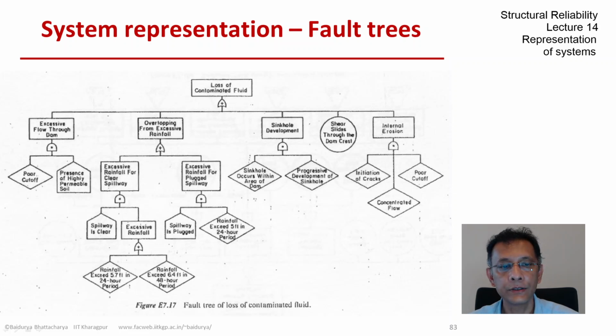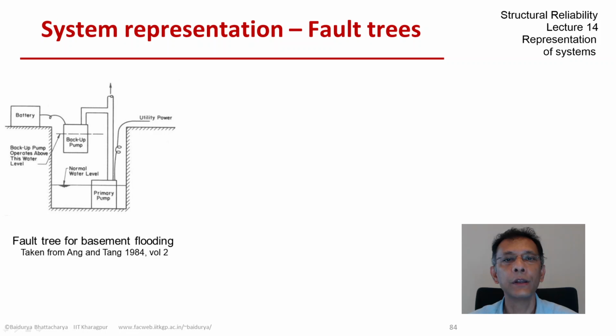The next example converts a similar water-related problem, flooding in a basement sump pump system, and we'll just look at this diagram. It's a nice diagram taken from Ang and Tang book volume 2, and it's possible to convert this into a fault tree.